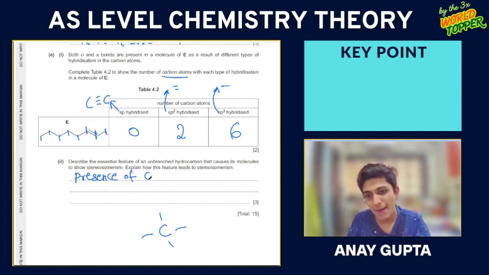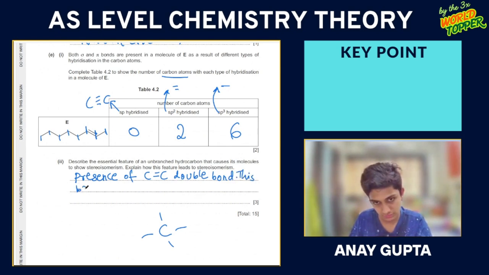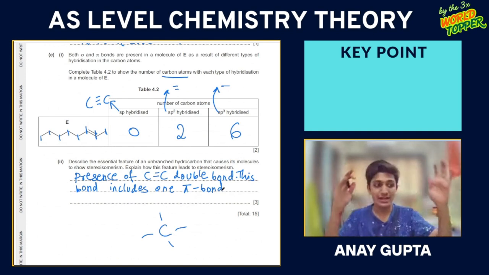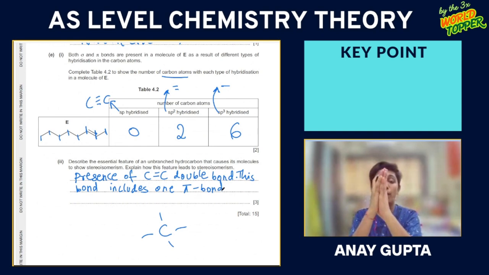So that means that it is going to be geometrical stereoisomerism. Now, geometrical stereoisomerism always and always needs the presence of a carbon-carbon double bond. This bond includes one pi bond, right? So in the carbon-carbon double bond, one bond is a sigma bond, one bond is a pi bond, and we know that a pi bond is a lateral overlap of p electrons.